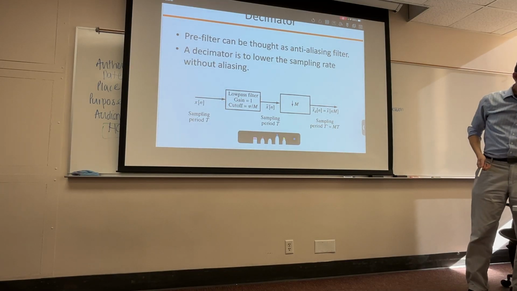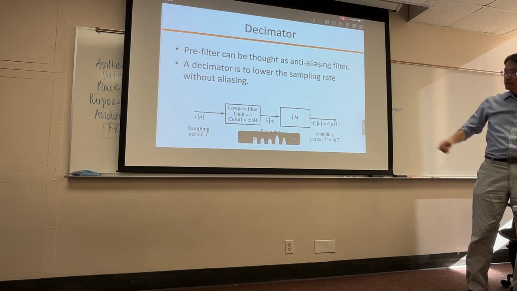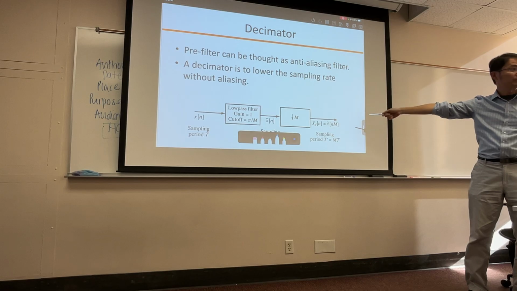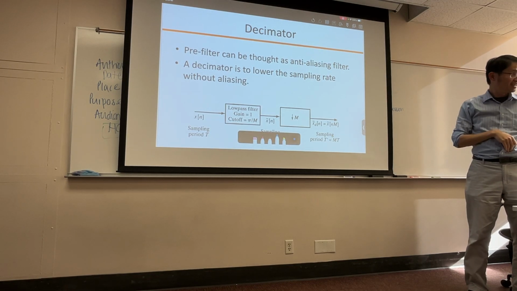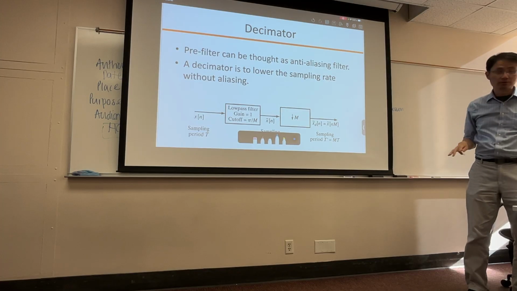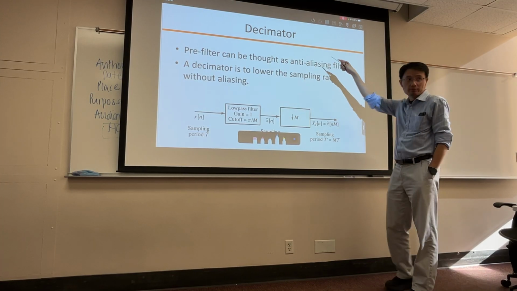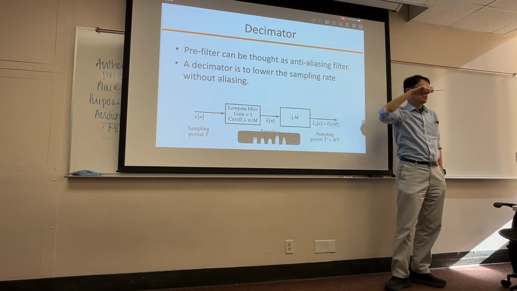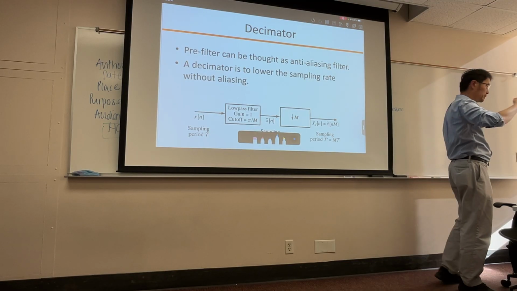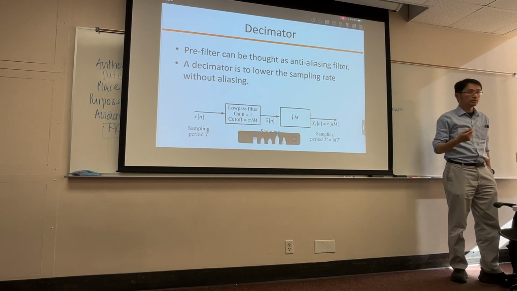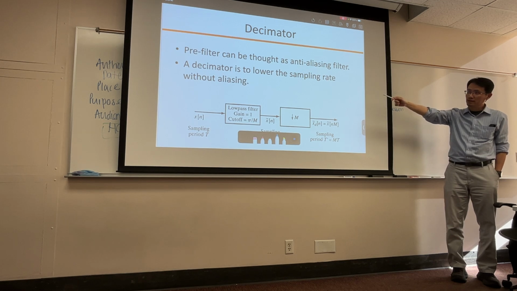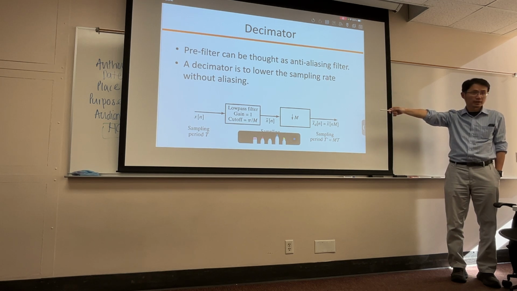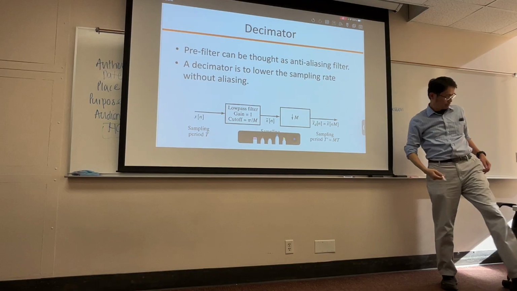All right, so this sequence, combining the filter together with the downsampler, has a very special name. In the future, you're going to hear this all the time. This is called a decimator. Whenever you hear people talk about decimation or decimators, that means you have a pre-filtering plus the actual downsampler.